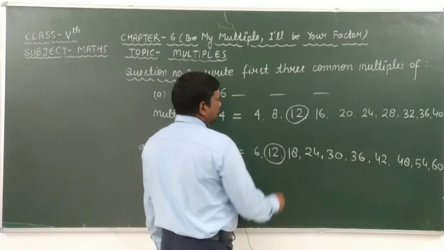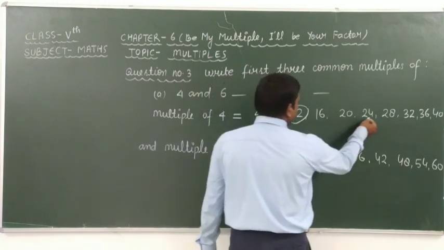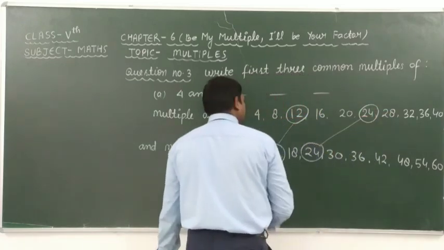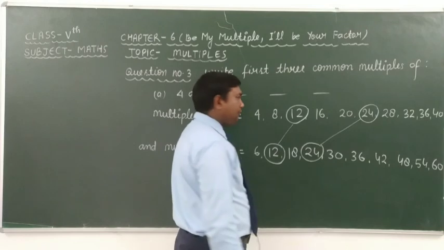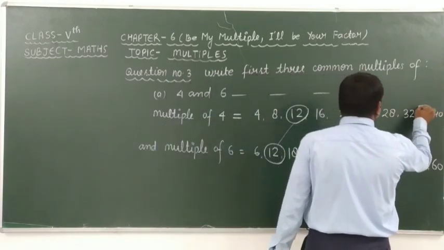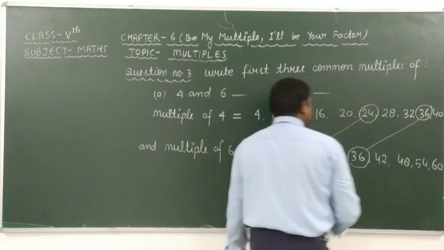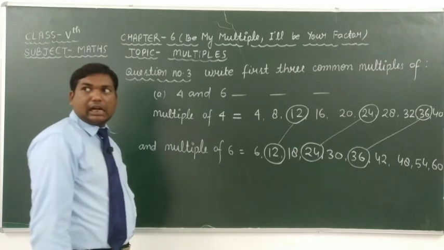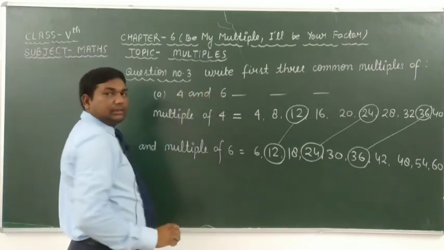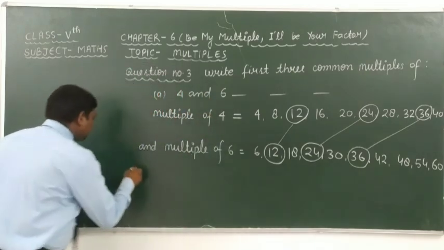Okay, next here given 24, here also 24, therefore 24 is a common multiple of 4 and 6. And again here we get 36 and here 36, so 36 is a common multiple of 4 and 6.